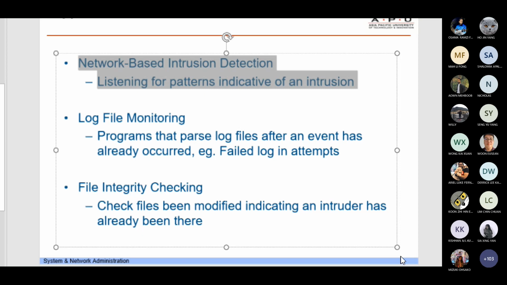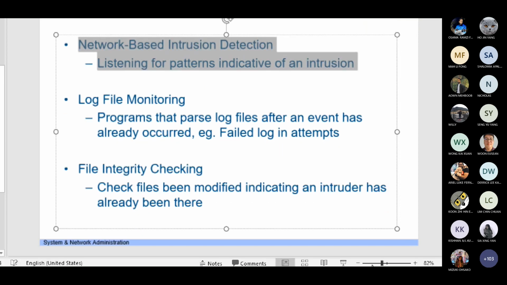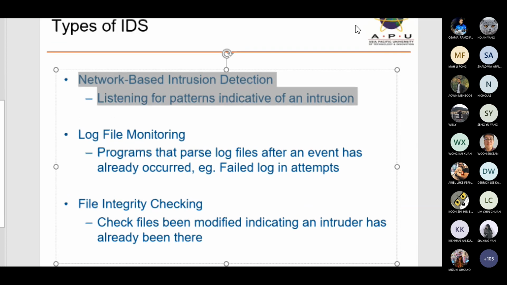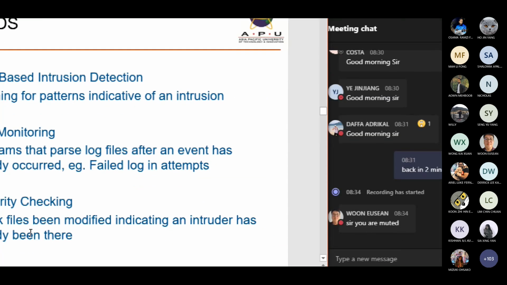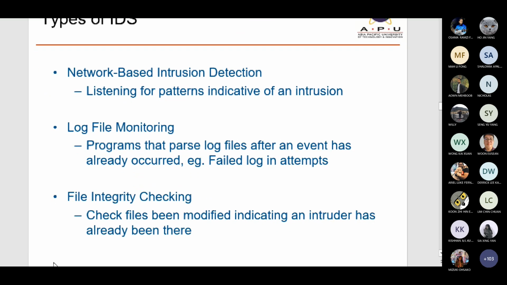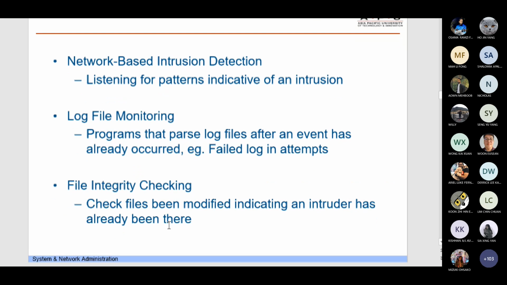File integrity checking. A lot of people put this into intrusion detection systems. What we do is keep a database of hash output, message digests. We run the file itself through a hash algorithm, come up with a message digest, and keep that in a trusted stored database.